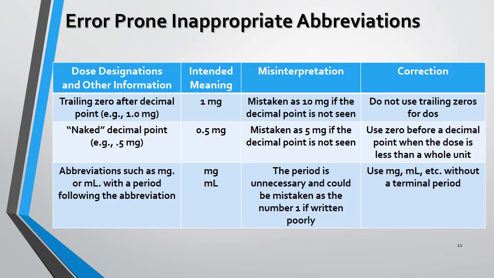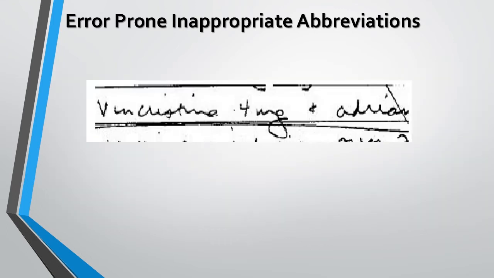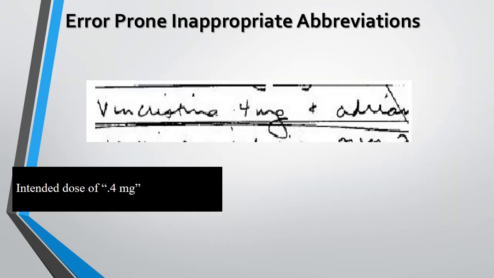Doses written with a trailing 0 after the decimal point, for example 1.0 mg, can be misinterpreted as 10 mg, so the correction to be used is don't use trailing zeros for dose. Here, in this prescription, the vancomycin dose was written as 0.4 mg, but the nurse administered a dose of 4 mg because of improper handwriting. The correction should be made as 0.4 mg.